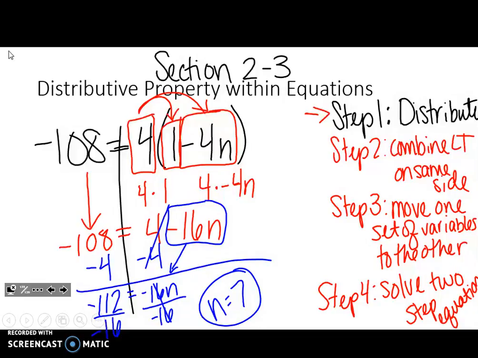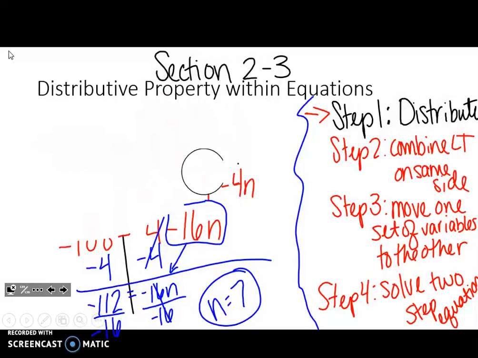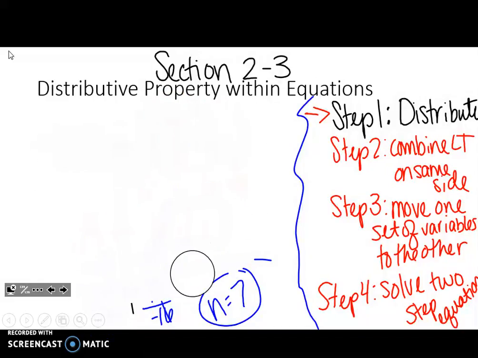This type of problem should also be a review from last year, because all we did was distribute and then solve a two-step equation. Make sure you have these steps written down, because this is the order you're going to complete any of these math problems for this section.